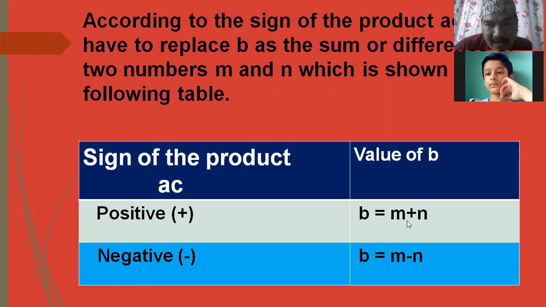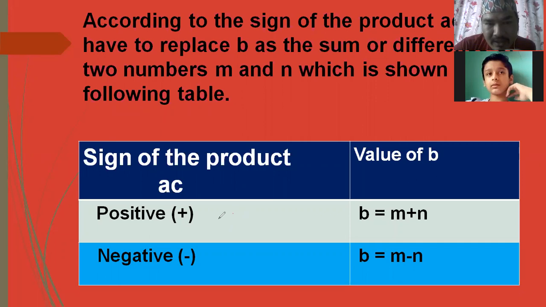If you get the product of a and c negative, then we get the b value by subtracting the values of m and n. Understood then?